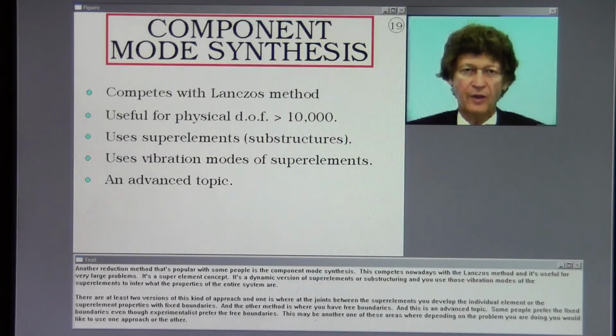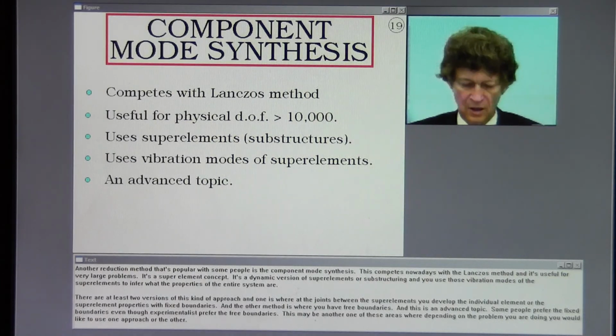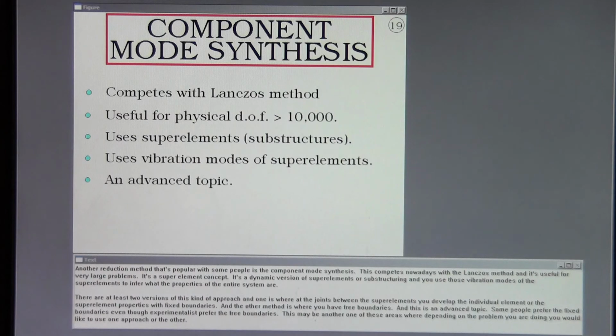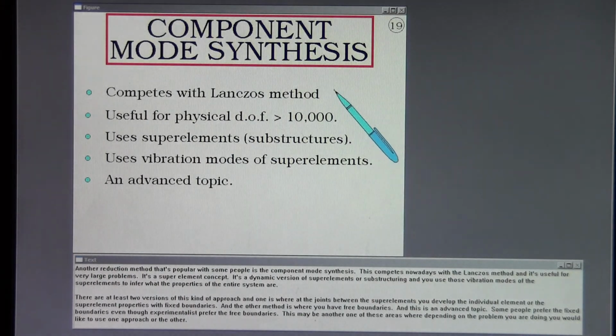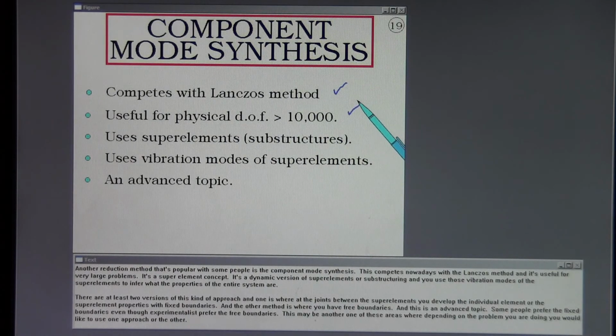Another reduction method that's popular with some people is the component mode synthesis. This competes nowadays with the Lanczos method, and it's useful for very large problems. It's a superelement concept. It's a dynamic version of superelements or substructuring. And you use those vibration modes of the superelements to infer what the properties of the entire system are.